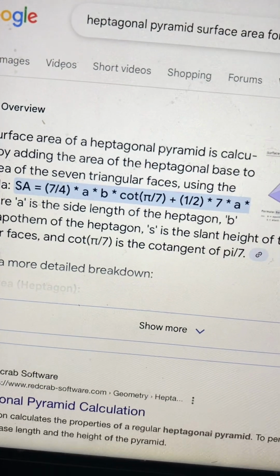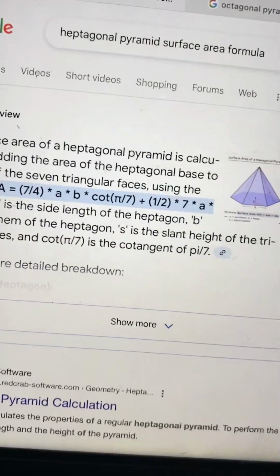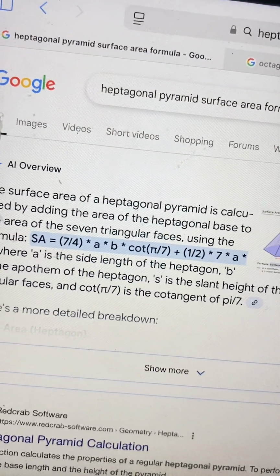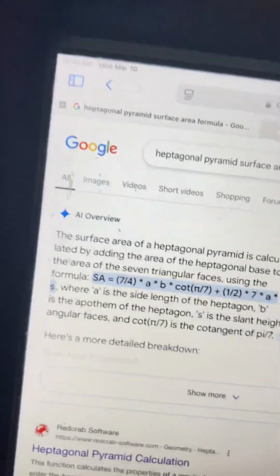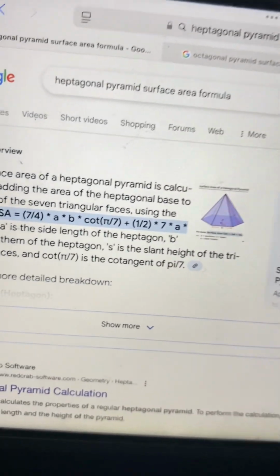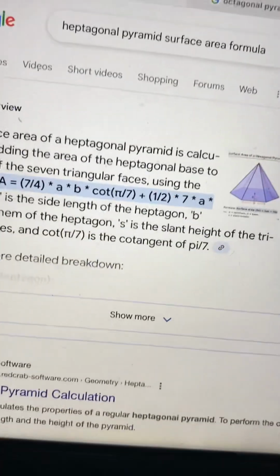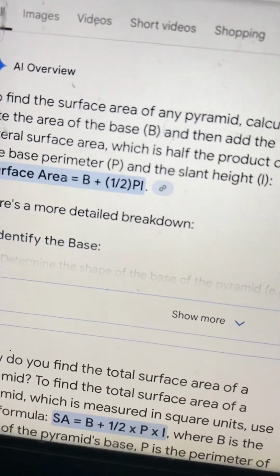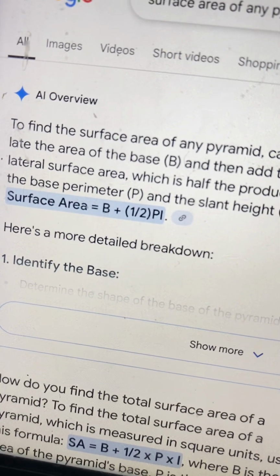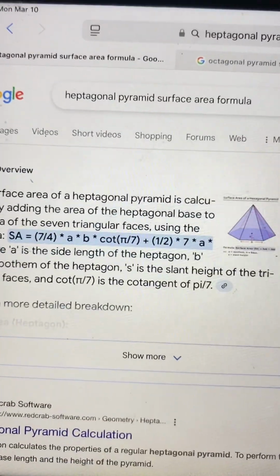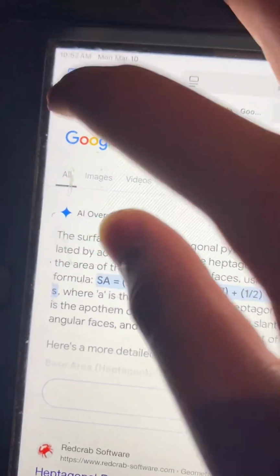I don't know the other digits, but we're not going to learn more about pi until Unit 6, so no worries. Just saying here that the true surface area of true pyramids could be quite complicated. But, again, as we remember, the surface area of any pyramid is B plus 1/2 times PL. So, it could be as simple as that.